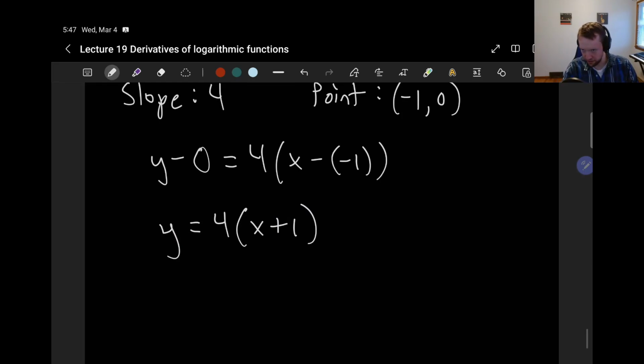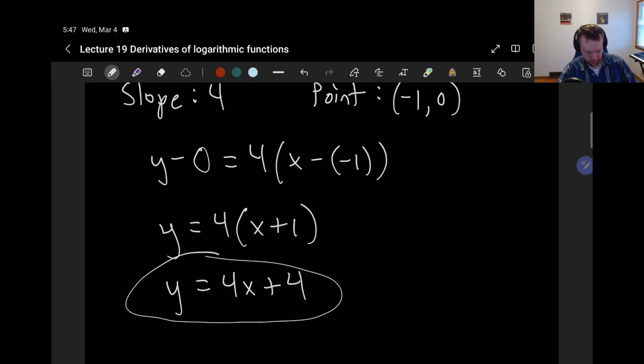And then if I distribute that 4, then I'm in slope-intercept form, which is nice. The y equals mx plus b form. So that's the tangent line at that point.